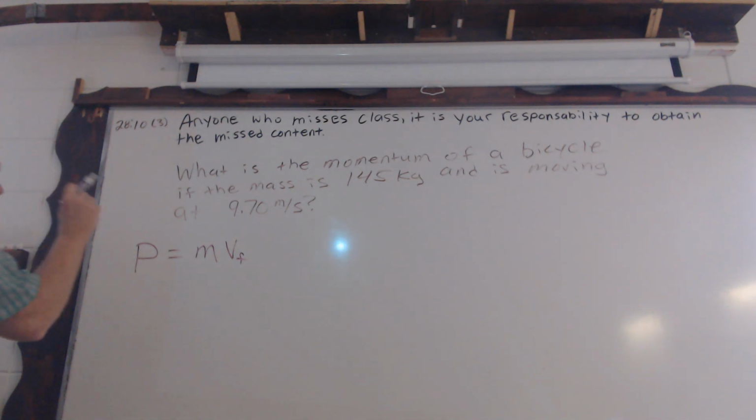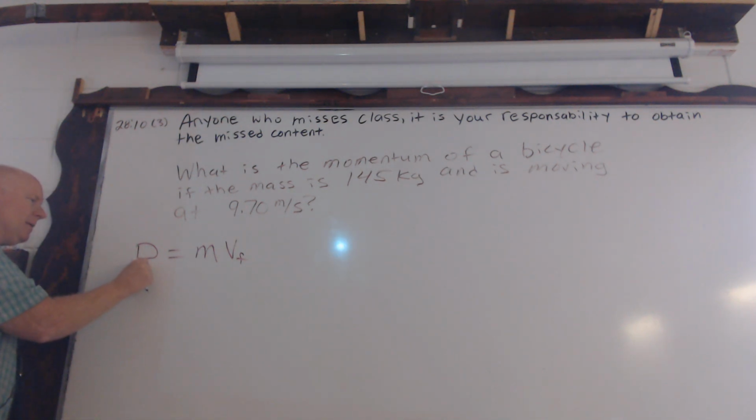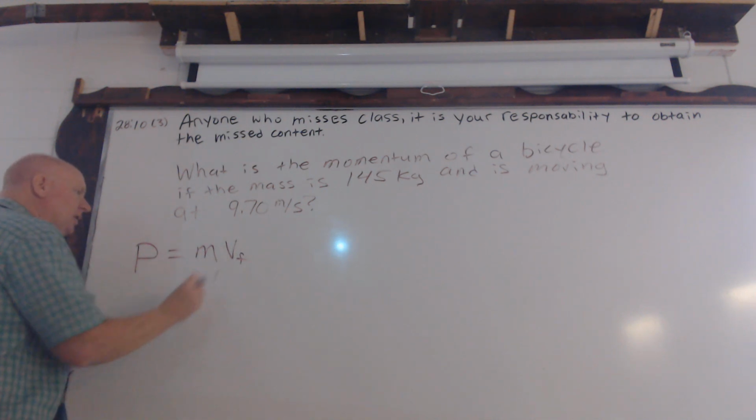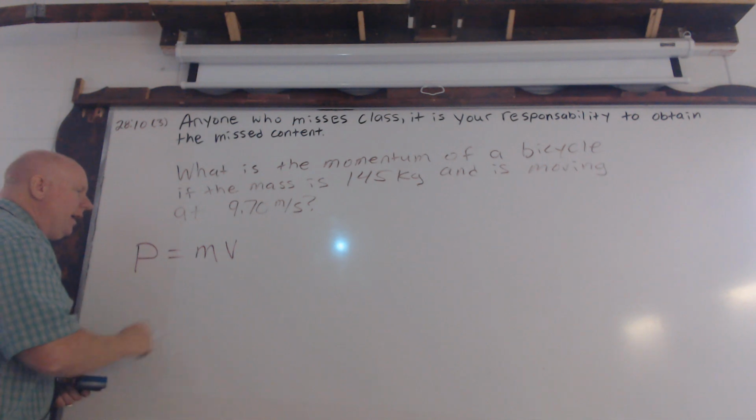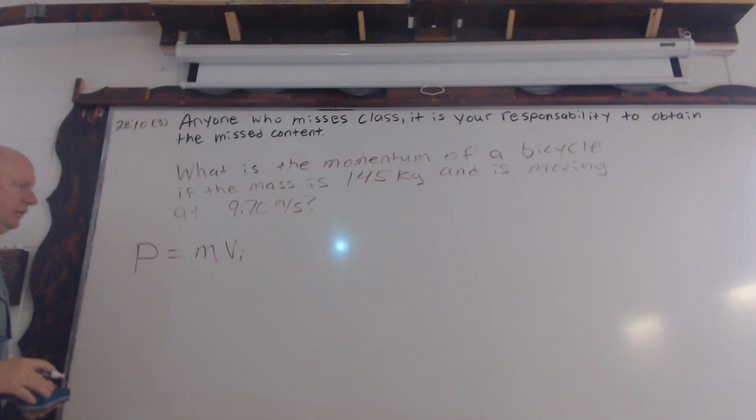So in this case, when we're talking about P for momentum, it's just a product of an object's mass times its final velocity. Notice we don't have initial velocity here. And the reason for that is if you don't have a final velocity, it's just an initial one, that's where an object starts.